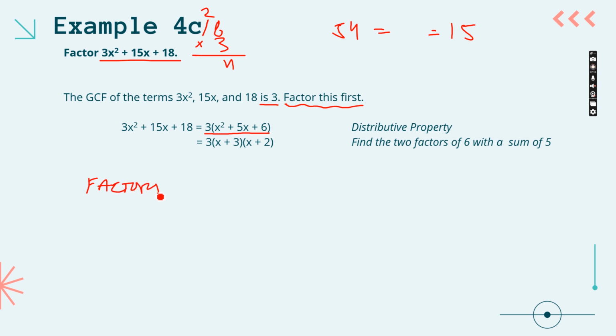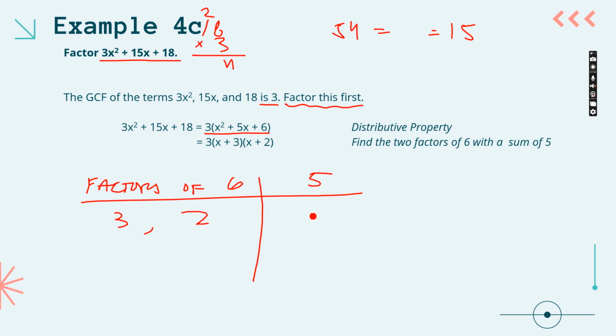Factors of 6 that when added together give you 5: 3 and 2, right? 3 plus 2 definitely gives you 5 here. Use the pattern, and then we get the factor of x squared plus 5x plus 6 is just x plus 3 times x plus 2.